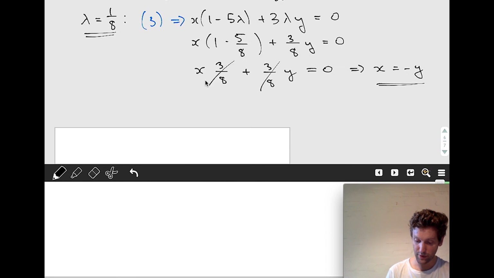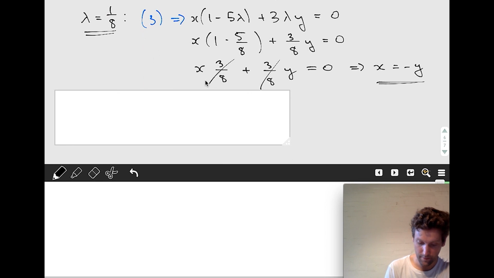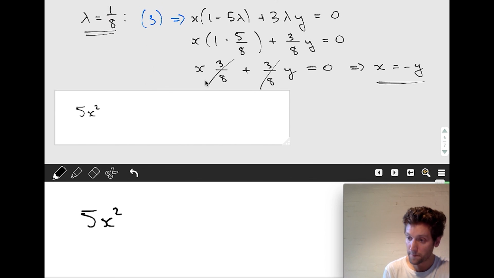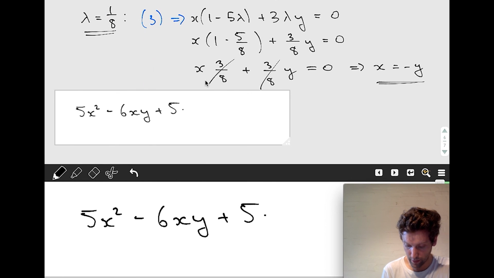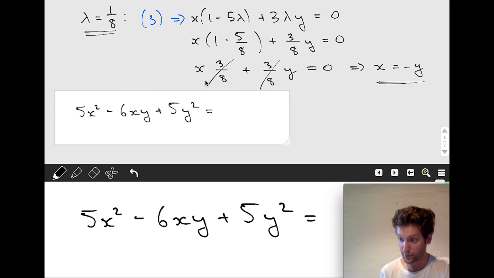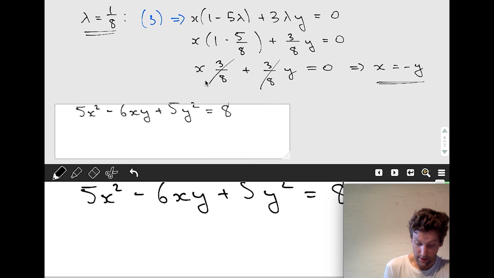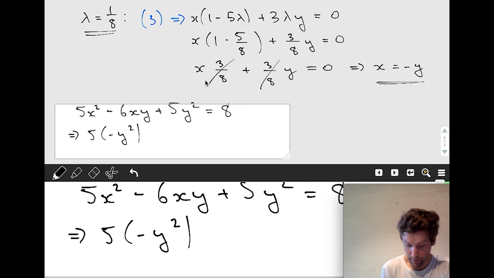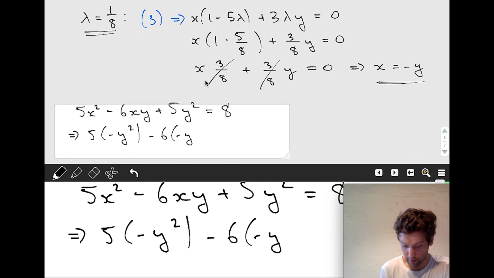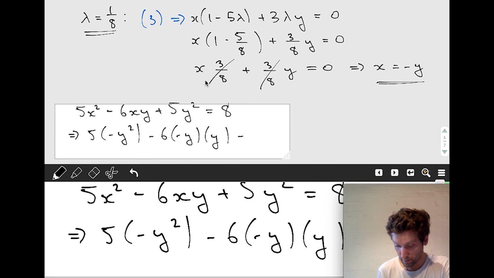Let's go back to our constraint. Our constraint was 5x squared minus 6xy plus 5y squared is equal to 8. Substitute in x is equal to minus y to get 5 times minus y squared minus 6 times minus y times y plus 5y squared equals 8.